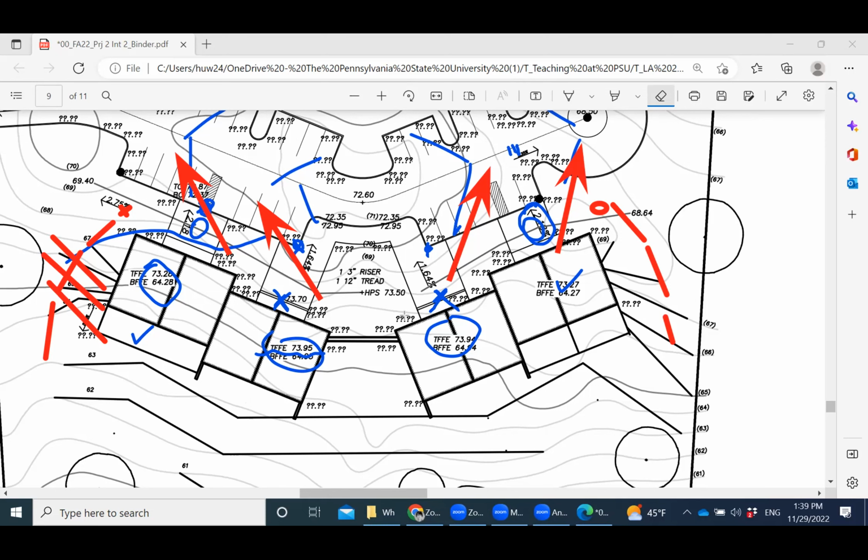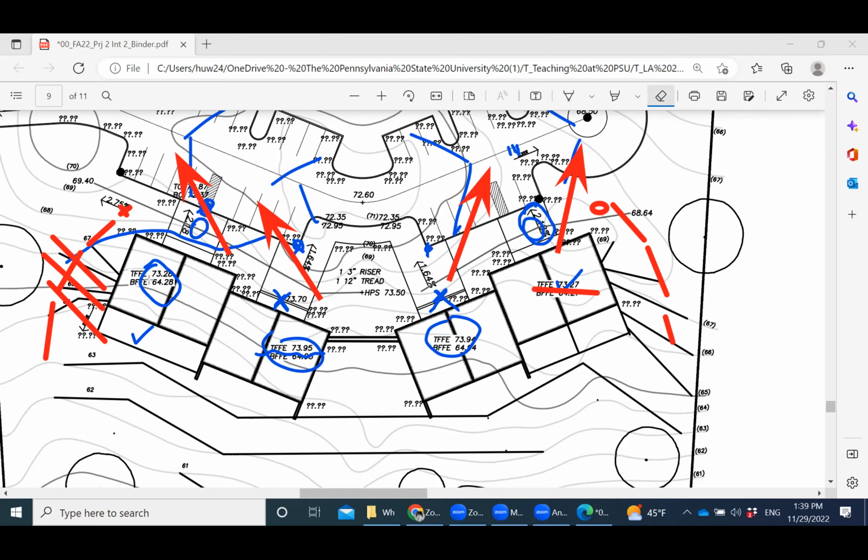Just to be clear, on both of the outer houses on the left and right, the ramp is wrong, but on the innermost houses, the FFE is wrong. Should be the other way around. You would need steps to get to 73.27 for the fourth one.